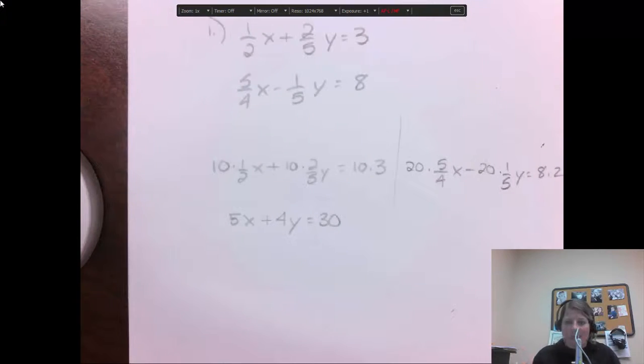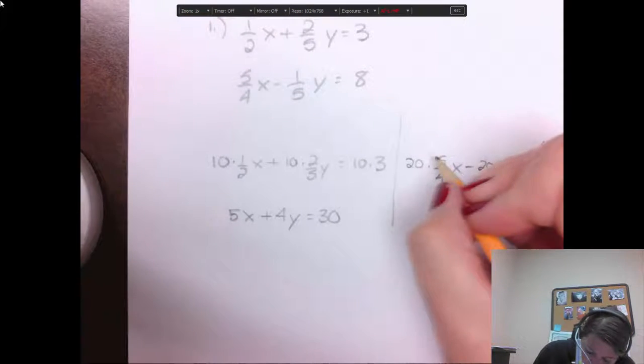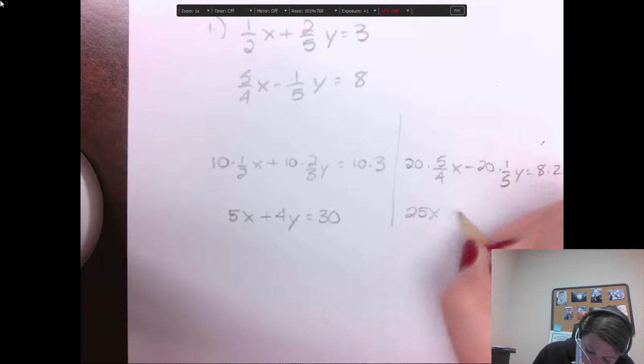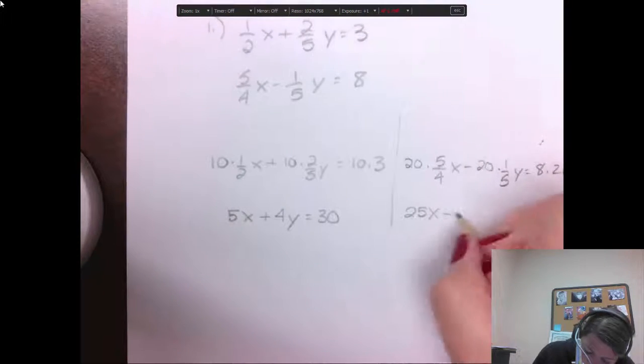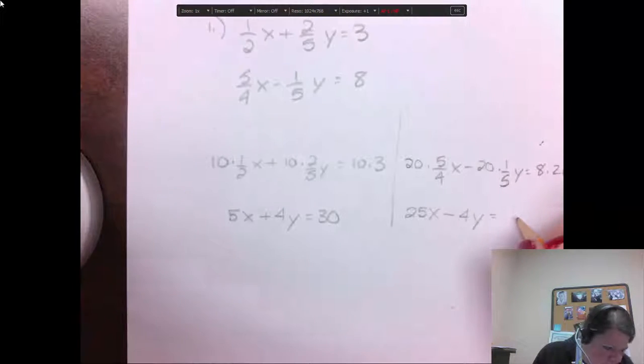So there's our first equation. Over here, 4 goes into 20 5 times. 5 times 5 is 25x. Minus, 5 goes into 20 4 times. 4 times 1 is 4y, equals 8 times 20 is 160.